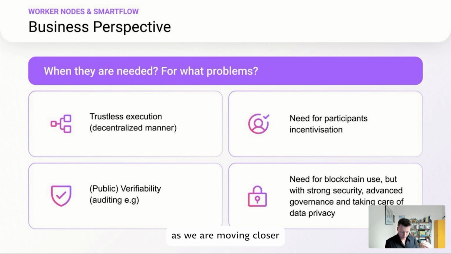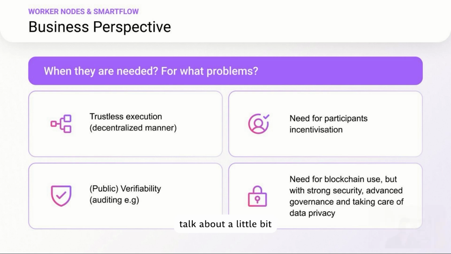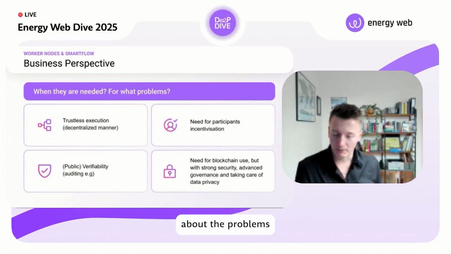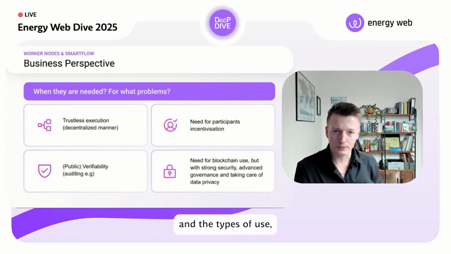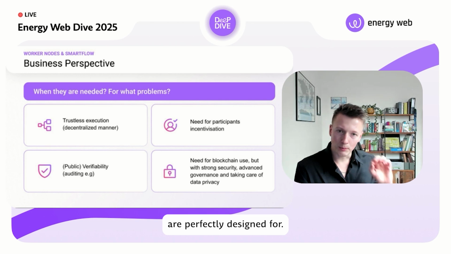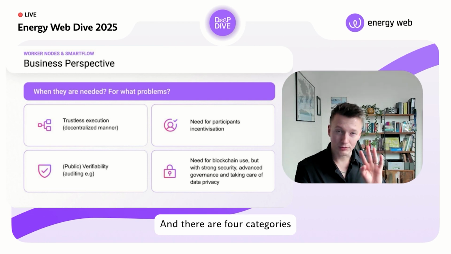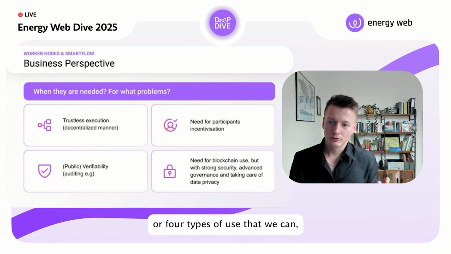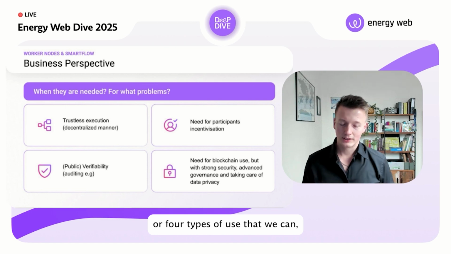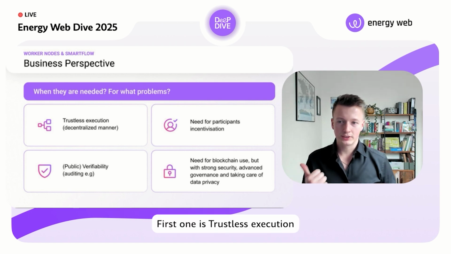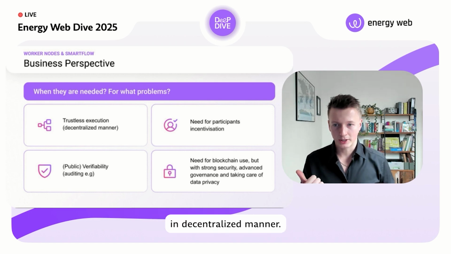And now, as we are moving closer, we know this category, and let's now talk a little bit about the problems and the types of use that the worker nodes are perfectly designed for. There are four categories or four types of use that we can distinguish. First one is trustless execution in a decentralized manner.